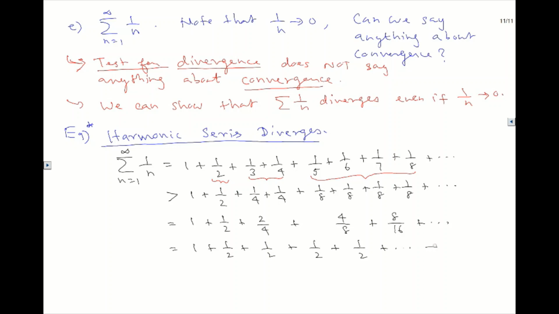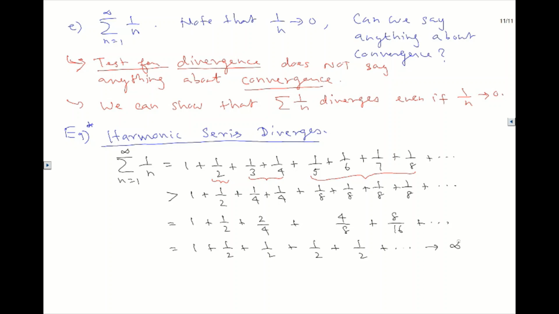So the sum goes to infinity, because you're going to add 1/2 indefinitely. That means the sum goes to infinity. It can be larger than any number you like. So this sum is going to infinity, but it is smaller than the original sum.